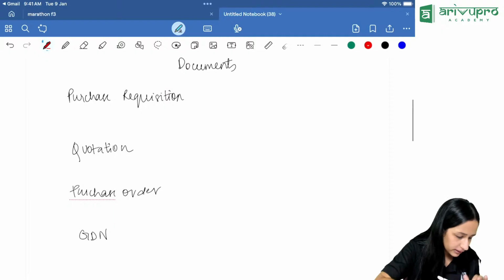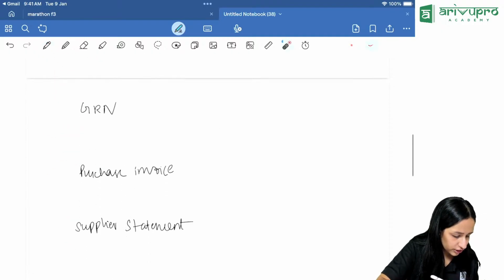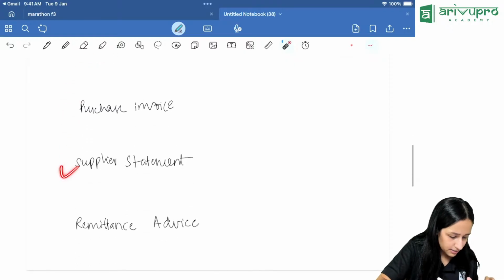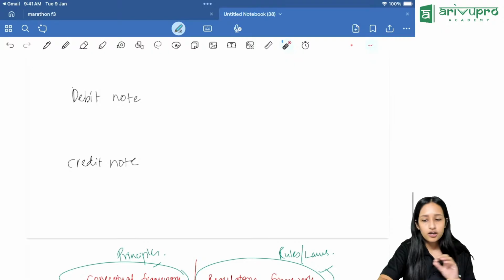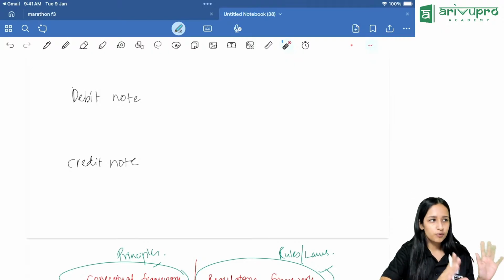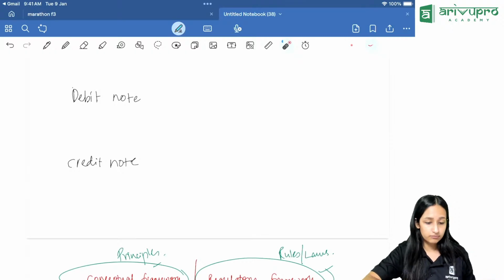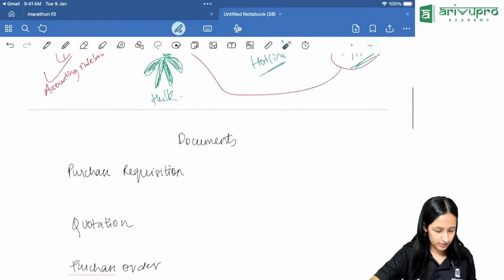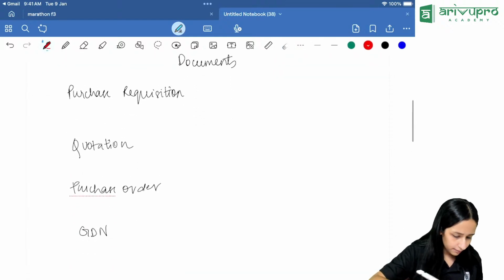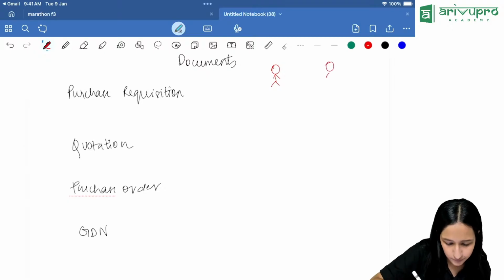We'll be dealing with these documents: purchase requisition, quotation, purchase order, GDN and GRN, purchase invoice, supplier statement and remittance advice, receipts, debit note and credit note. In maximum 5 minutes, if you're listening to it, I can give the assurance that you will understand these documents. But then we need to go through an example, because I always like teaching with examples.